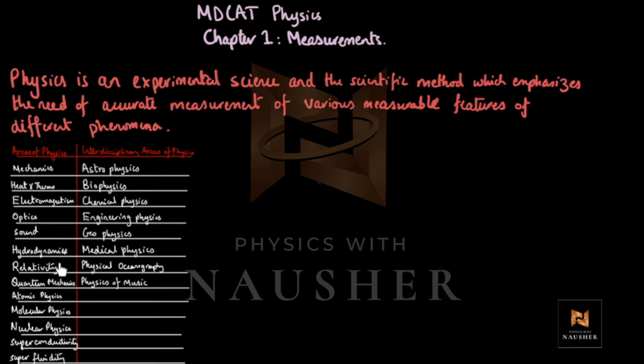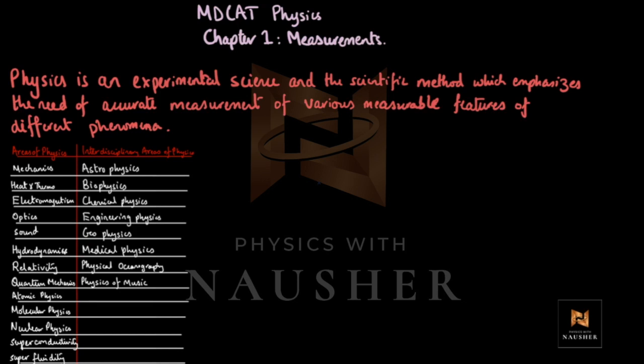Relativity, both special and general, quantum physics, quantum mechanics, atomic, molecular, nuclear physics, superconductivity, all of these are the domain of physics, which come within physics. Now what will be interdisciplinary? Astrophysics, biophysics, chemical physics, geophysics, which is earth related, medical physics, which we have studied, physical oceanography, and the physics of music. So these are the interdisciplinary areas that overlap with physics but are not completely physics.